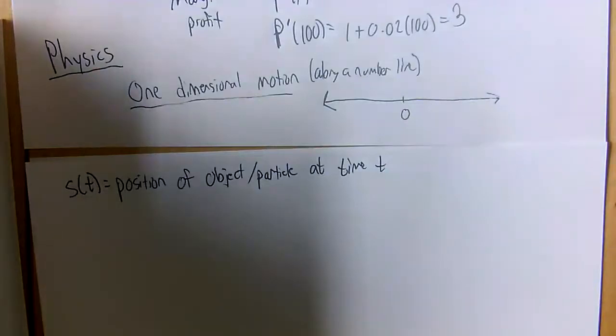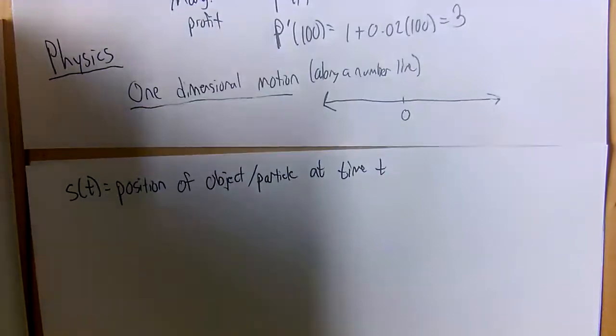So for example, if you start your stopwatch at t equals 0, then s of 0 will be your initial position on this number line. And then if you let the object move and then stop your watch at t equals 1 second later, you can plug in 1 into our function here, and then you get the new location of your object. s of t is our position function right here.